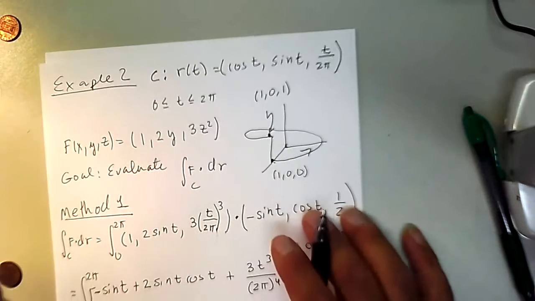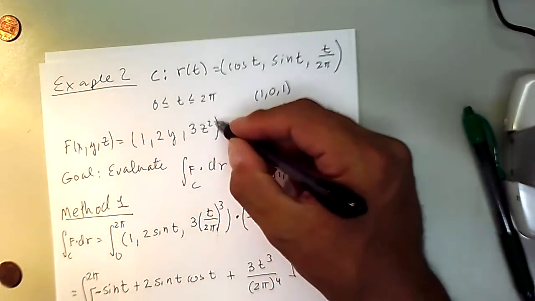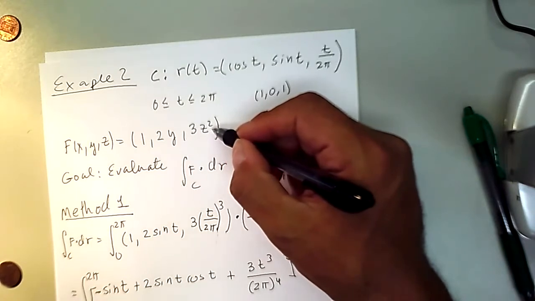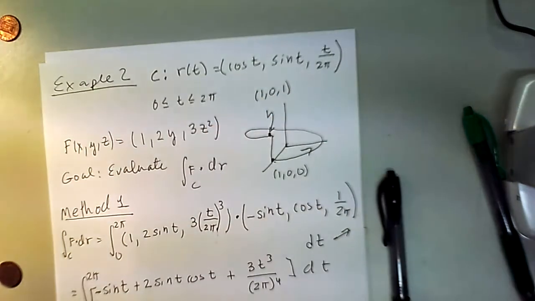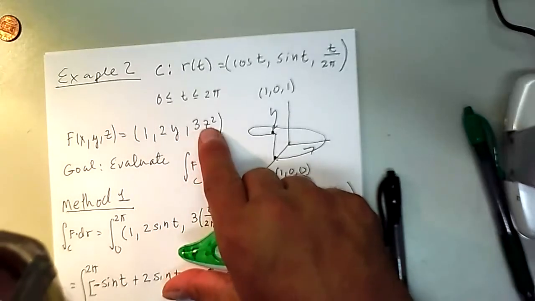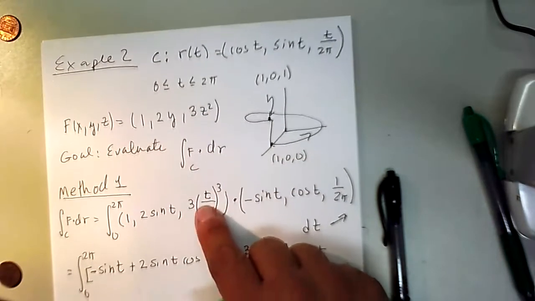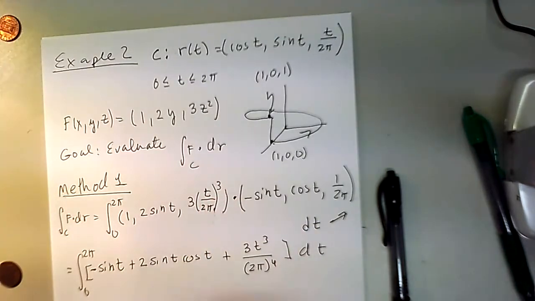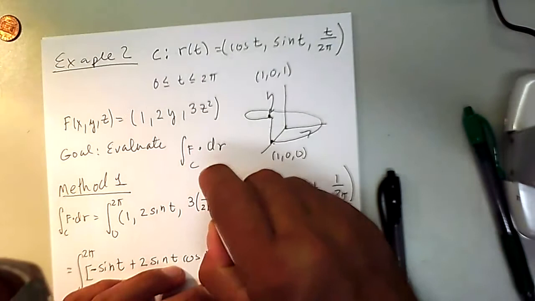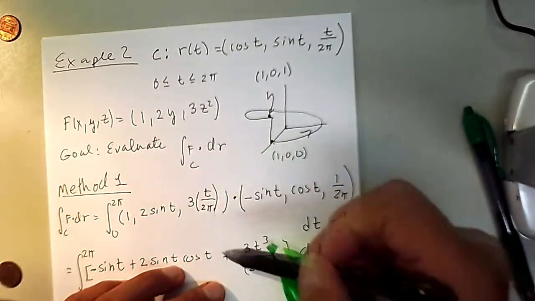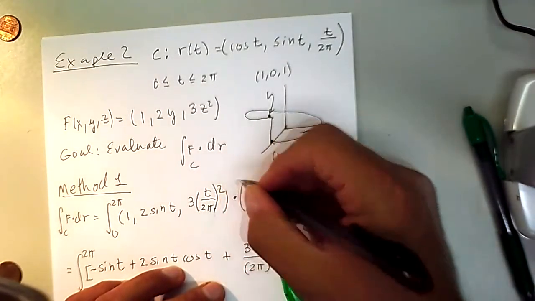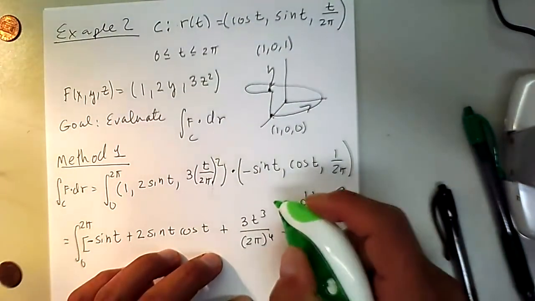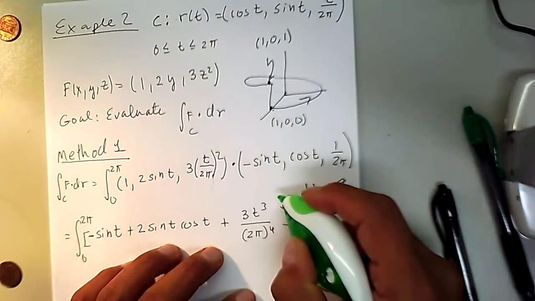Let me double check that this is, oh, I'm sorry. Here, I just realized there was a mistake here. This is correct, this vector field. Here's my mistake. 3t over 2 pi squared. Yeah, that should be a 2. You probably noticed it when you were yelling at the screen at your computer or phone when you were watching that.